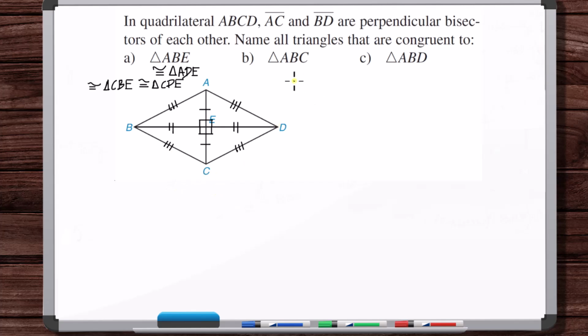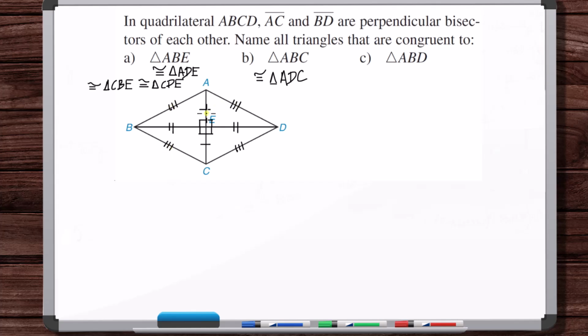Now triangle ABC is going to be congruent to this triangle. Let's get the vertices right. That's going to be triangle ADC, by side, side, side. These are two isosceles triangles.